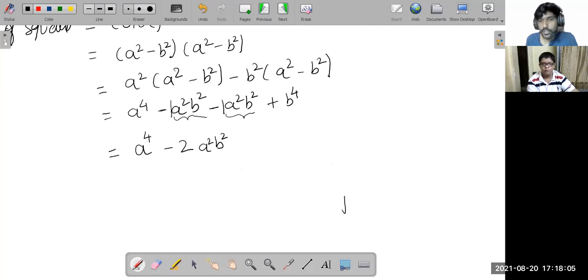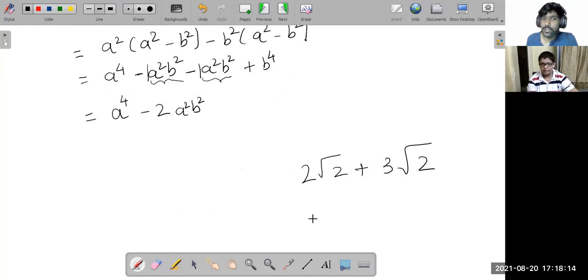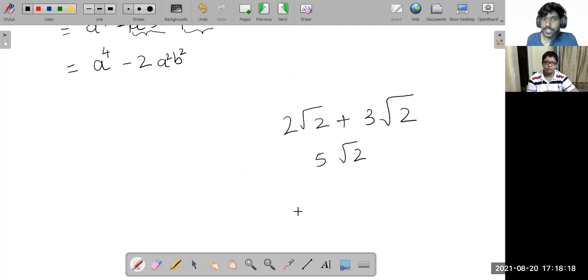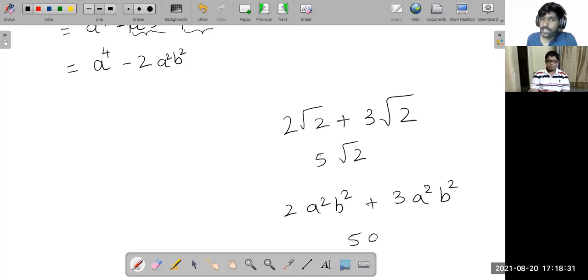So suppose it was √2 plus 2√2 plus 3√2, what would this answer be? It would be 5√2. So in the same way, if it is 2a square b square plus 3a square b square, keep the variable the same. Add only the coefficients in front of it. So this will become 5a square b square. Same thing. Got it?